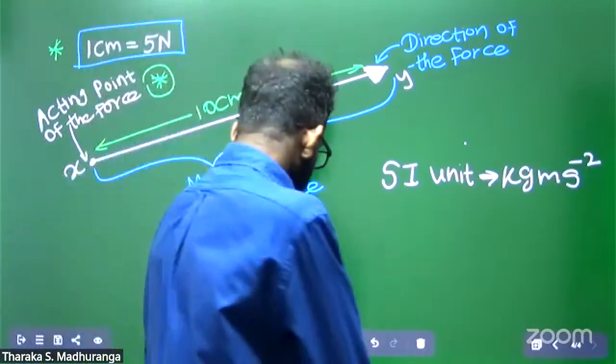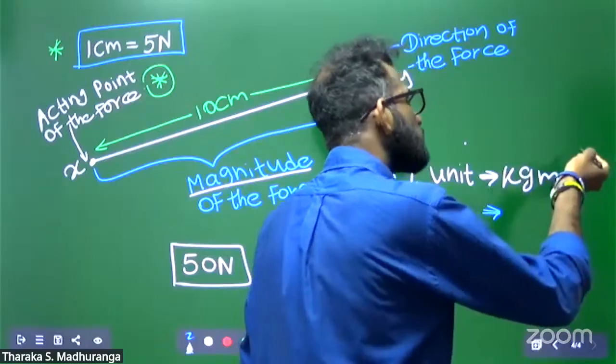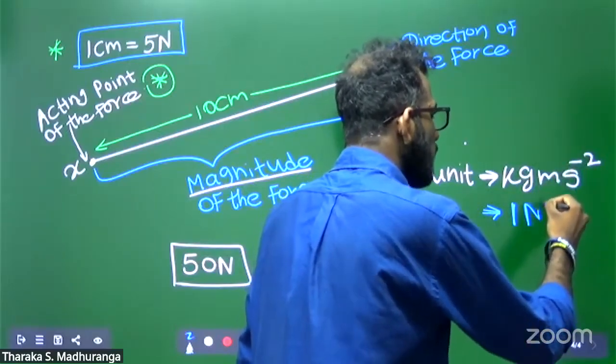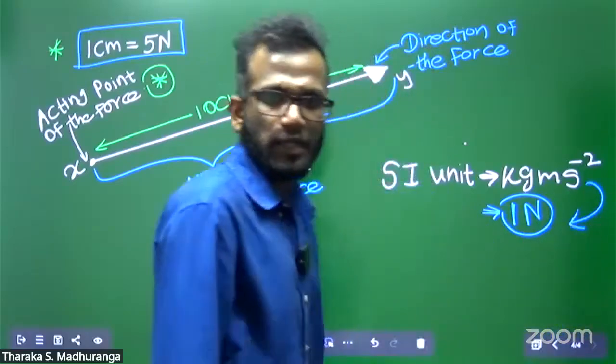But out of respect for the scientist, this 1 kg ms minus 2 we normally identify as 1 Newton. We can discuss this in the calculation parts.